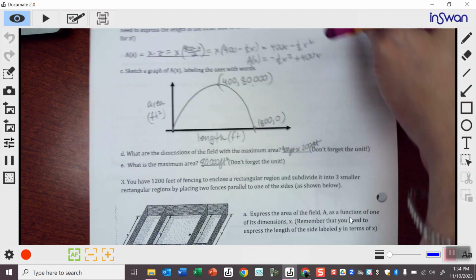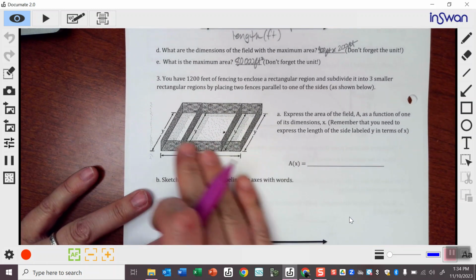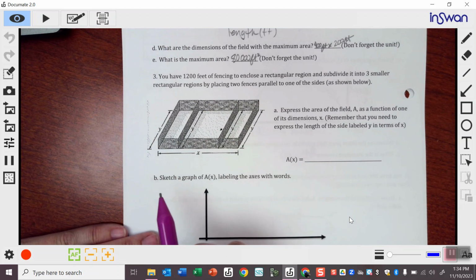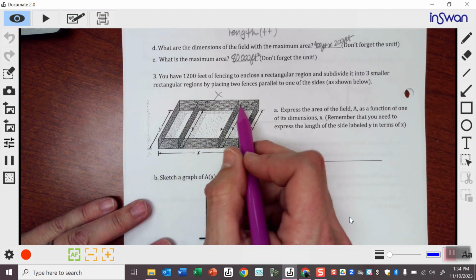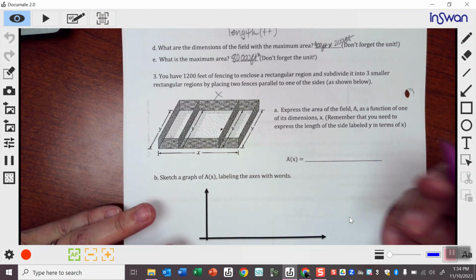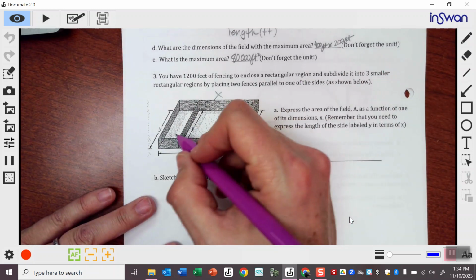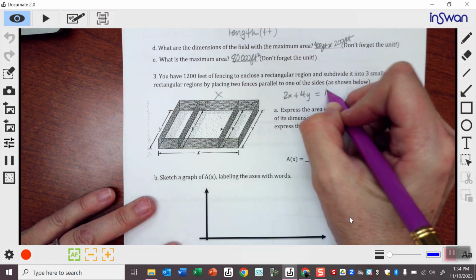All right. So here, you have 1,200 feet of fencing to enclose this rectangular region here. It's subdivided into 3 smaller pieces. So this is x, and then we got 4 y's. Okay, so let's write an equation for this amount of fencing. So we have 2 x's plus 4 y's have to add up to 1,200.